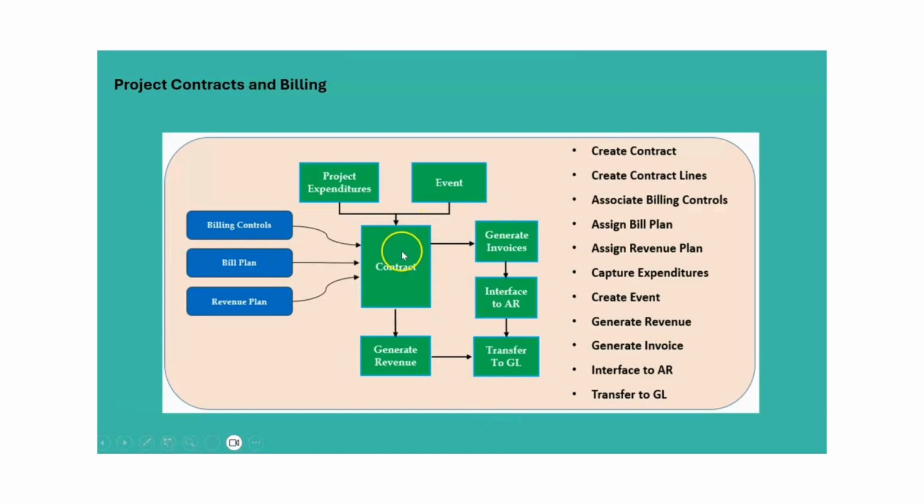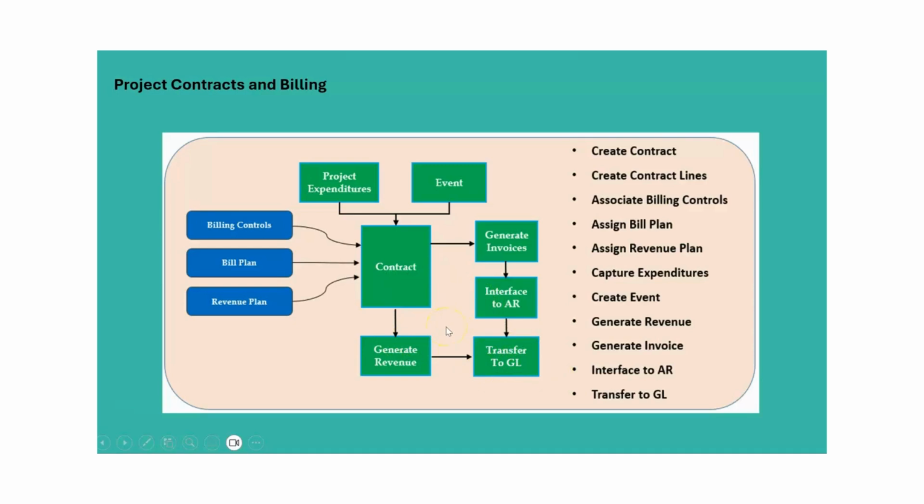That invoice generation will happen within the enterprise contract module or the offering. It will then be available to interface to the accounts receivable module, and from there it will travel to general ledger. Similarly, you can generate your revenue.